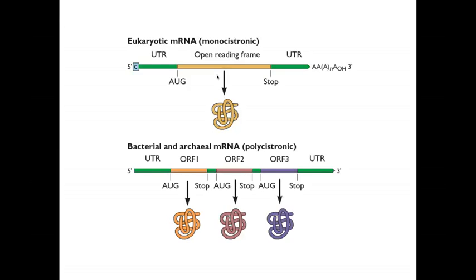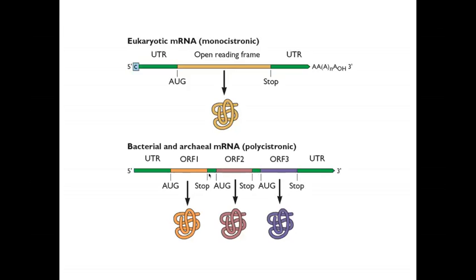Eukaryotic cells don't have that. Now, you may ask, why not? You just told us that there are IRES sequences that allow internal initiation. So in theory, you should be able to construct this kind of an mRNA in a eukaryotic cell by putting an IRES in between each open reading frame. And we know these work because we construct them in the lab.